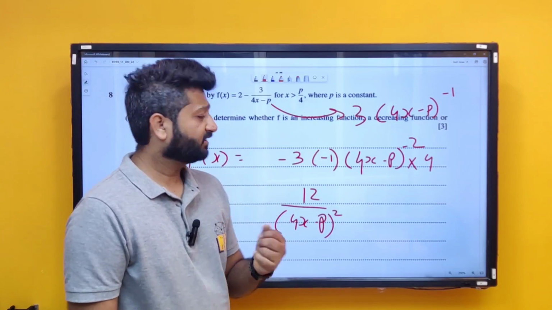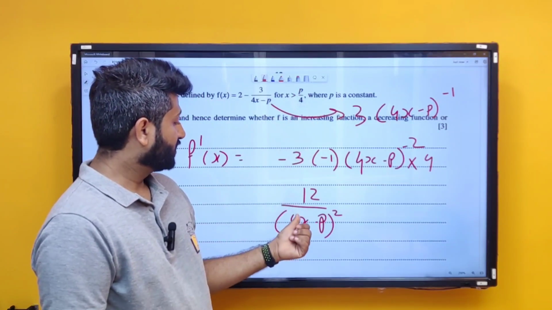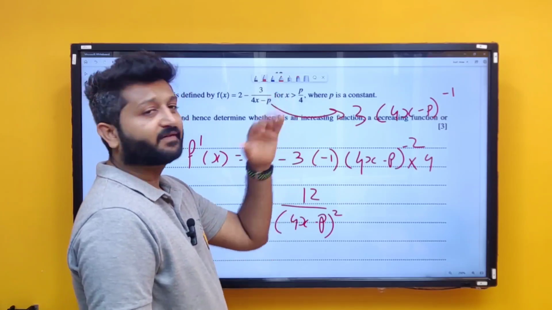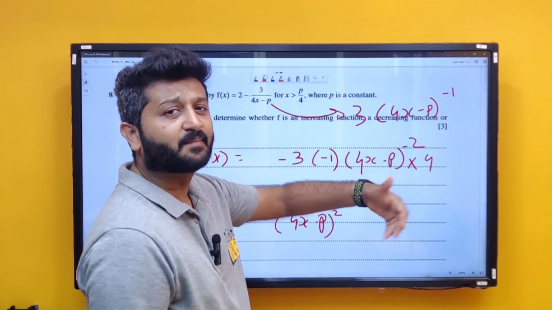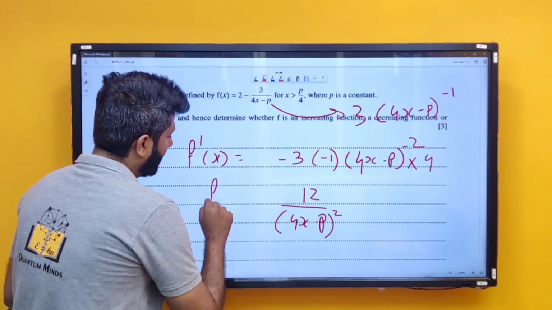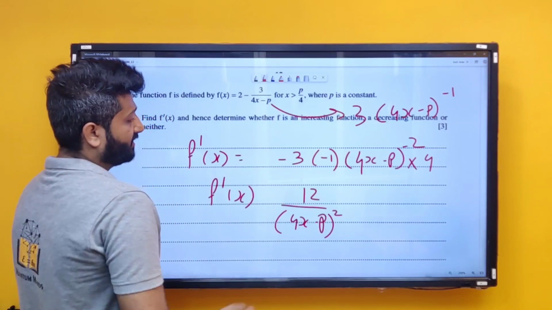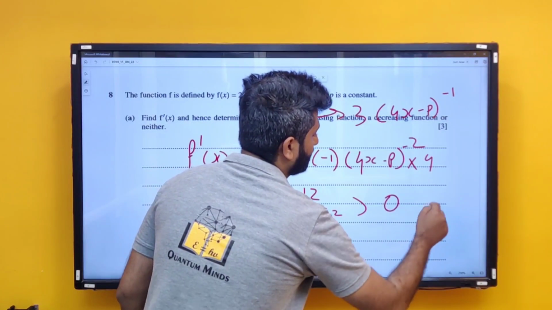Now guys, we have been given that x is greater than p by 4. So if I substitute any value greater than p by 4, f dash of x will always be greater than 0.